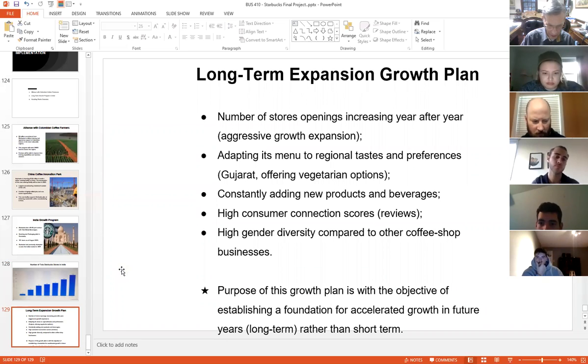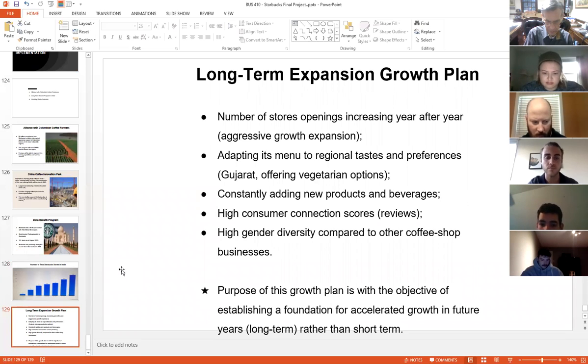Long-term expansion growth plan. The number of store openings is increasing year after year, so this is an aggressive growth expansion strategy. It is adapting its menu to regional tastes and preferences, constantly adding new products and beverages.